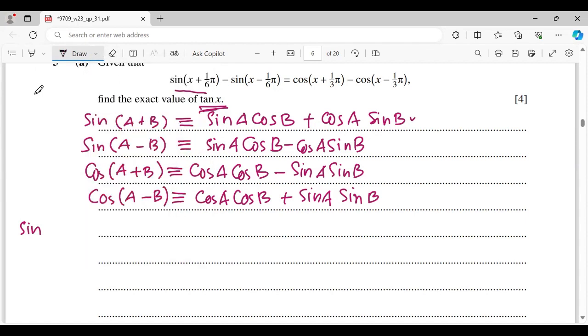Sine of x plus 1 over 6 pi is equivalent to sine x cosine 1 over 6 pi plus cosine x sine 1 over 6 pi.